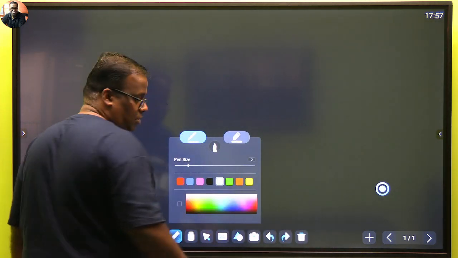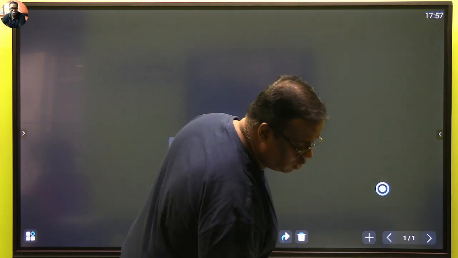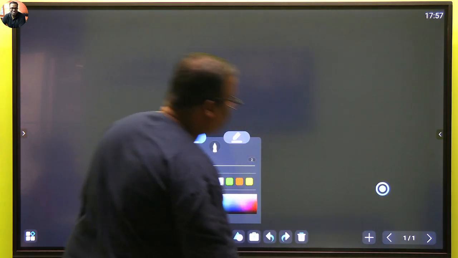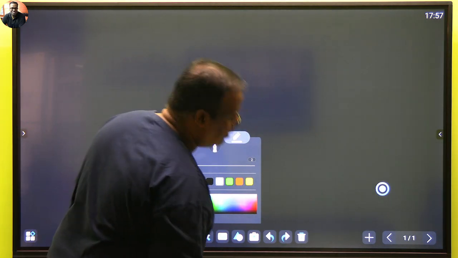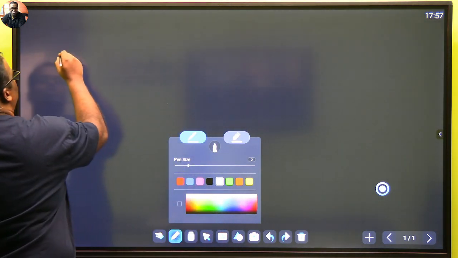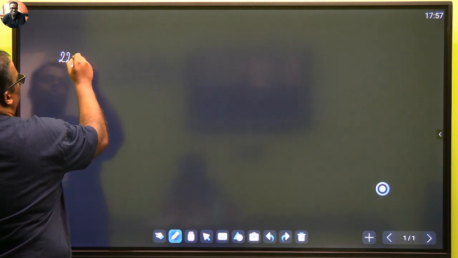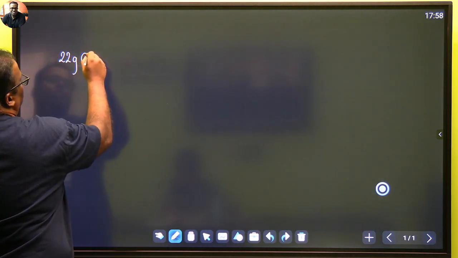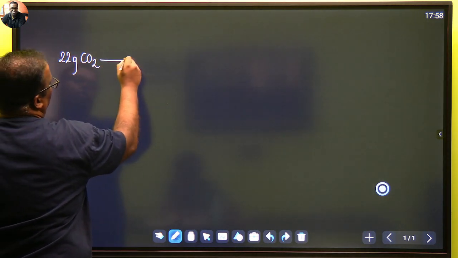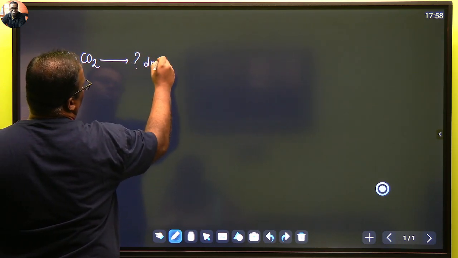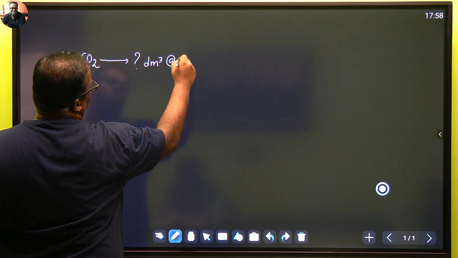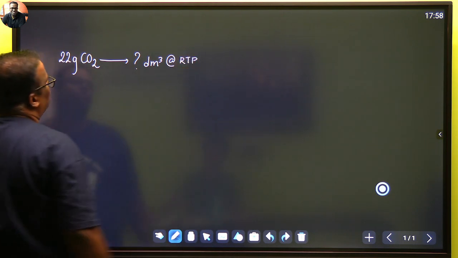And our next problem is, based on this, you all try it. 22 grams of carbon. 22 grams of carbon nahi ho sakta, carbon dioxide. So we have 22 grams of carbon dioxide. It occupies how much dm cube at RTP? देखो ये भी interesting question है. 22 grams of CO2.